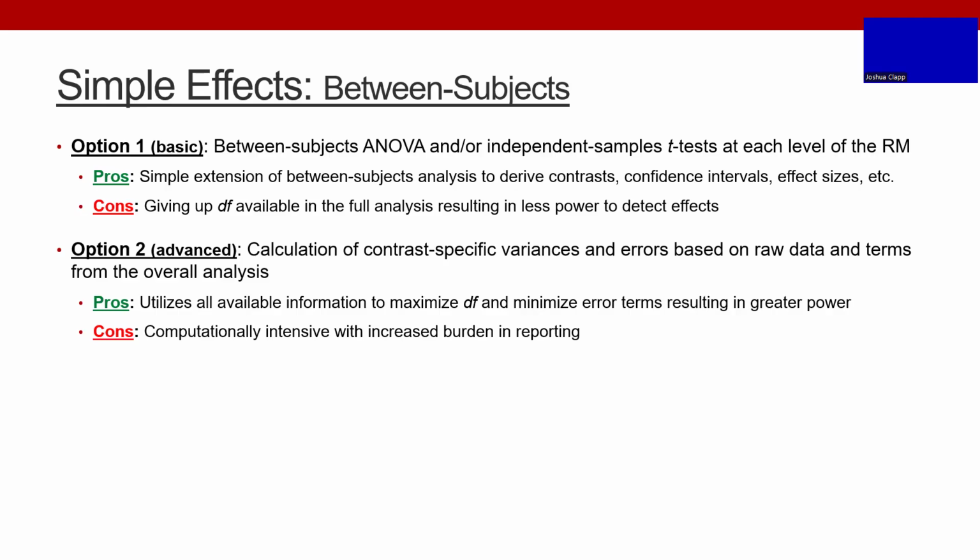Then we can use the degrees of freedom for the overall model, and this gives us greater power. The drawback is it's computationally intensive, you need to know how to do it, and you have to tell people exactly what you did and how you did it.